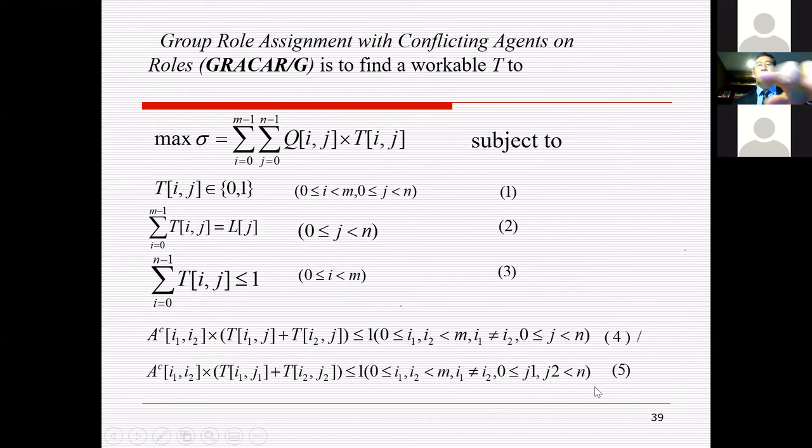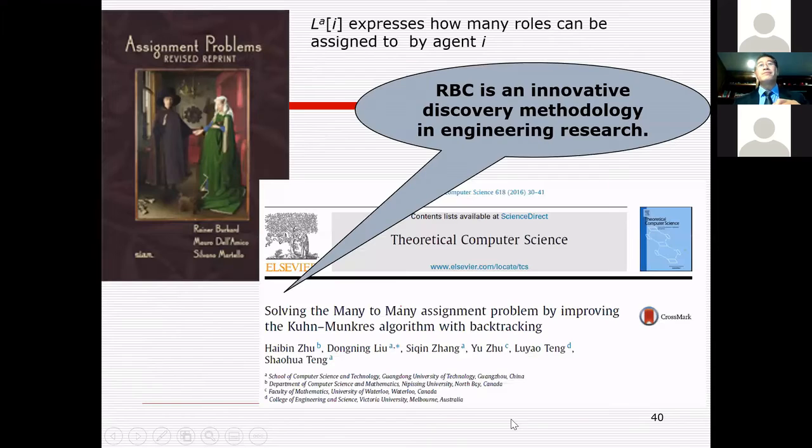Another one I called GRA-CAG means two conflicting agents cannot be assigned into the same group. So your research result is only one newly created equation that composes a new problem. That's the first example of GRA plus.